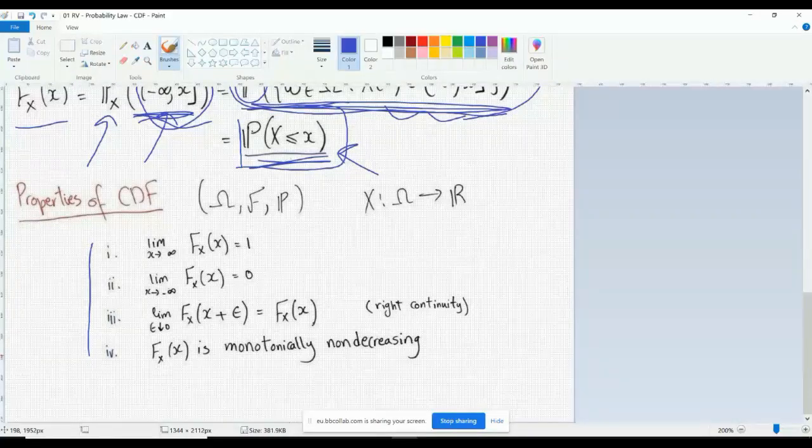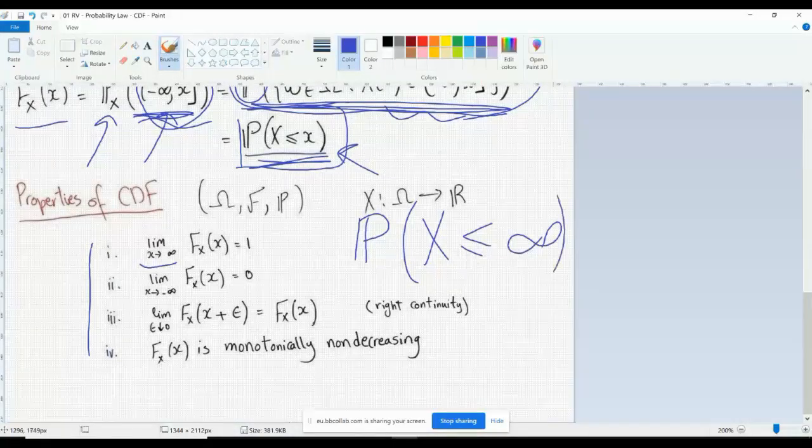So as x goes to plus infinity, the CDF is 1. The intuitive explanation is this. What is the meaning of the CDF as small x goes to infinity? Remember, what is the CDF? It's the probability that big X is smaller than or equal to small x. So what is this probability?